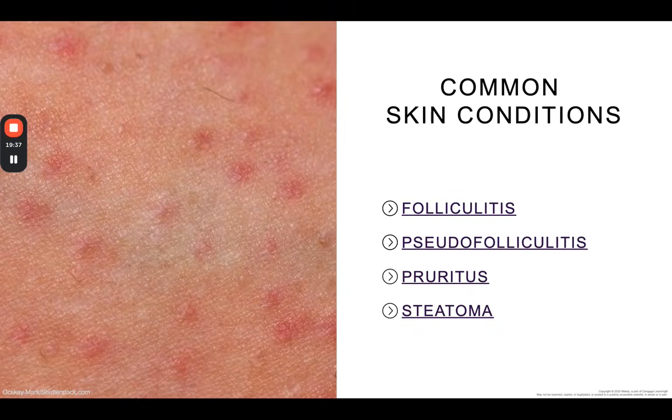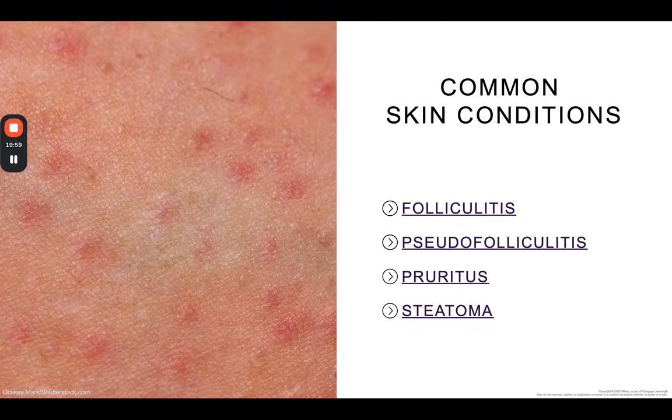With folliculitis, hair grows under the surface instead of growing up and out of the follicle, causing a bacterial infection. These ingrown hairs are common in men, usually from shaving. Okay, so it may be referred to as folliculitis barbae, barber's itch, Barbe folliculitis.